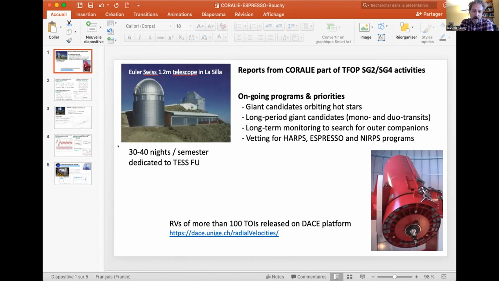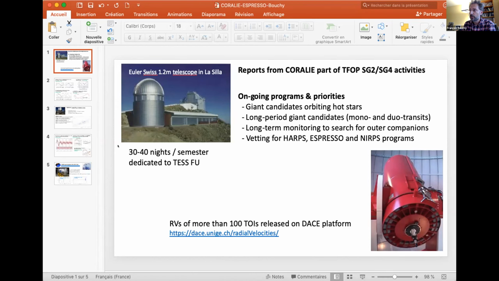So let's start with CORALIE. On CORALIE, we typically dedicate, since the beginning, 30 to 40 nights per semester for the TESS follow-up activities. Our main priorities are clearly giant candidates orbiting hot stars.